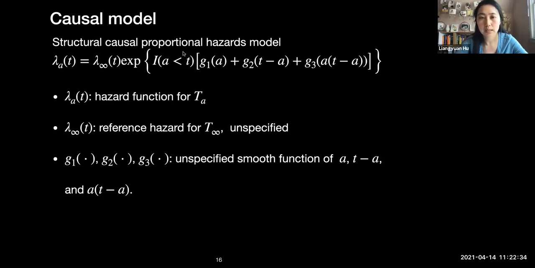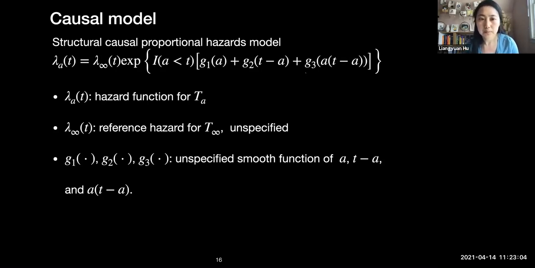Once the treatment is initiated at A, the instantaneous effect of treatment initiation is captured by this G1 function. And then at any time T, the effect of being on treatment is captured by this G2 function of treatment duration. And then the interaction between the treatment initiation and treatment duration is captured by the G3 function.